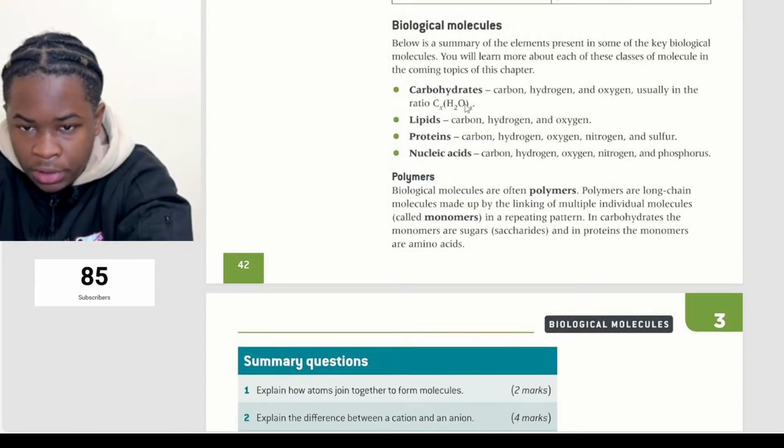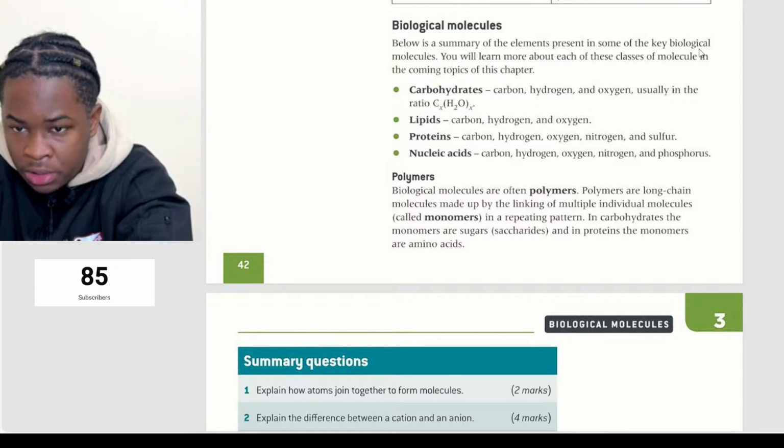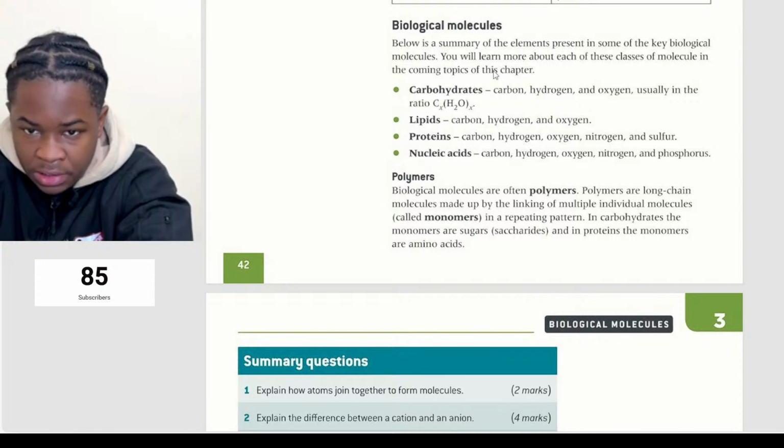Okay, biological molecules. Below is a summary of elements present in some of the key biological molecules. You will learn more about each of these classes of molecule in the coming topics of this chapter.